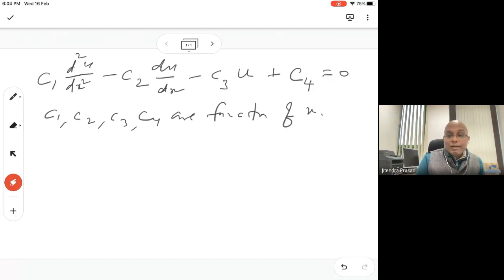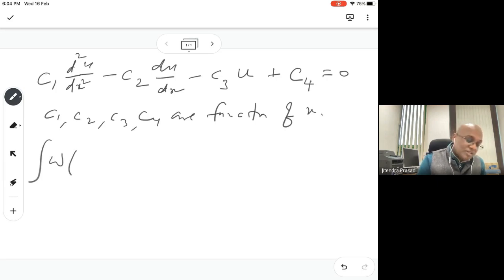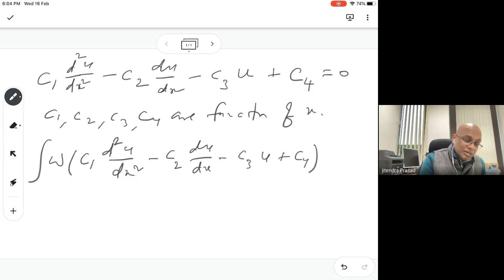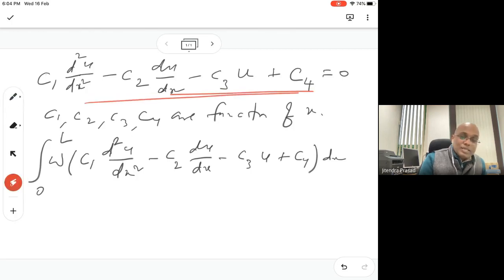This kind of differential equation we need to solve using the finite element method. For that, as always, we first start with the derivation of the weak form: W times C1 d square u dx square minus C2 du over dx minus C3 u plus C4, dx from 0 to L, where x defines the domain on which this is valid.